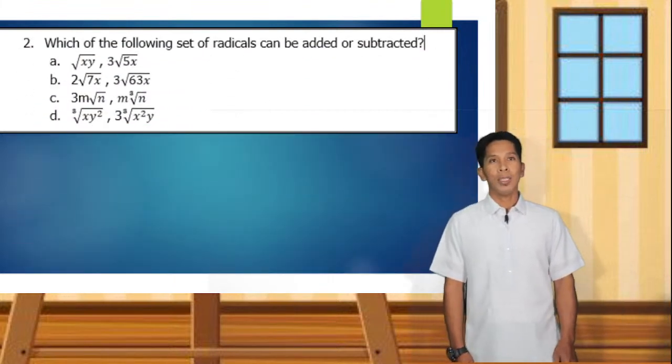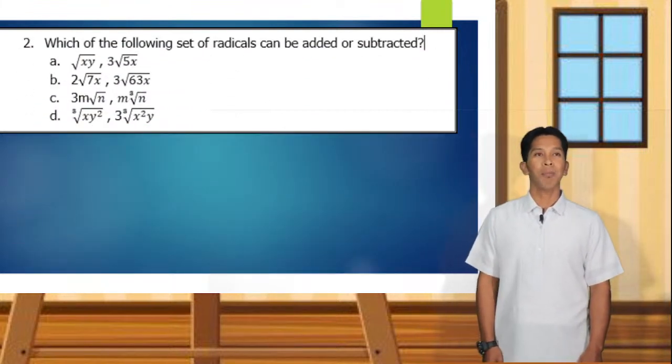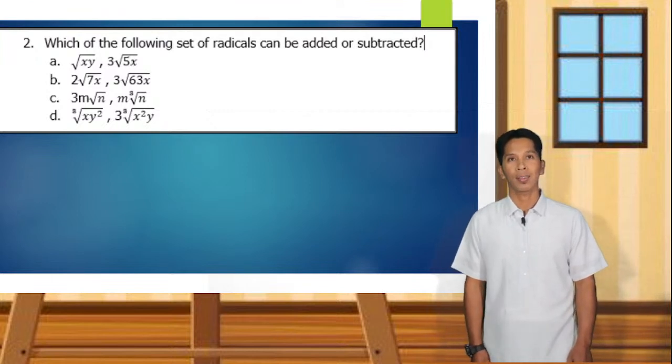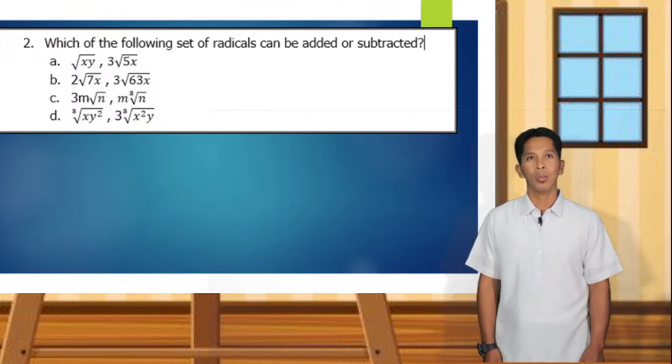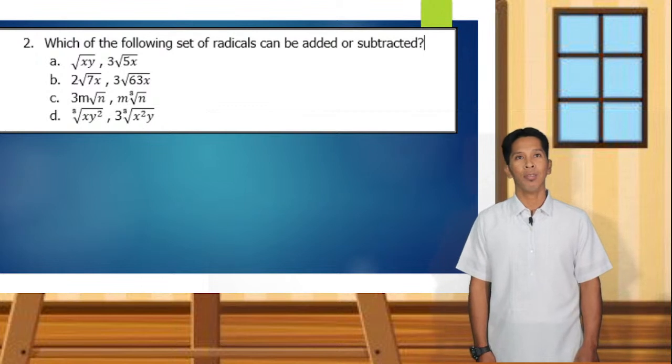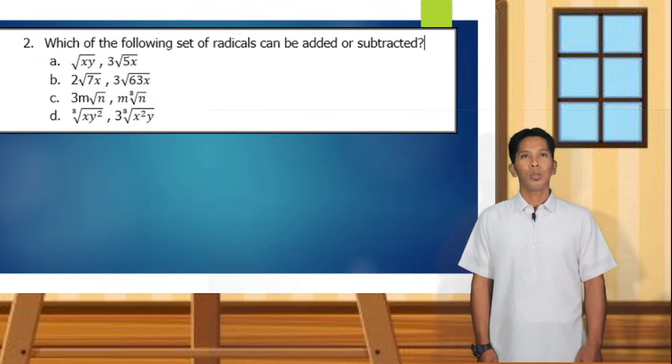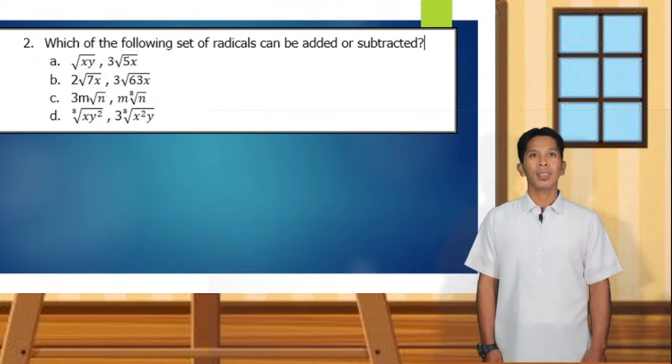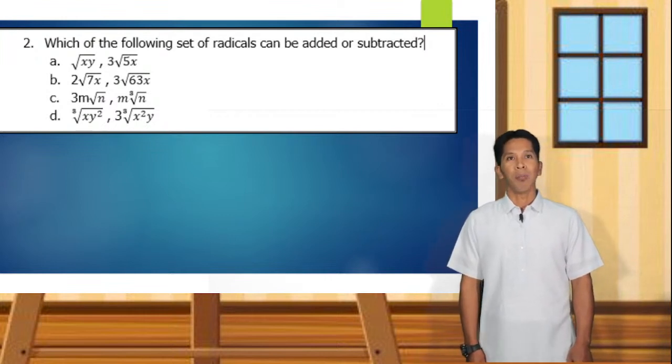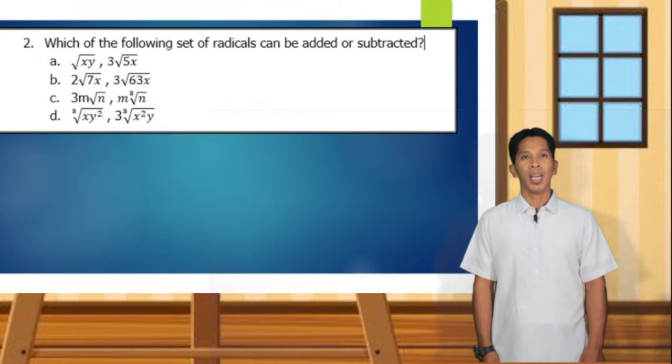Which of the following set of radicals can be added or subtracted? A, square root of xy and 3 square root of 5x. B, 2 square root of 7x and 3 square root of 63x. C, 3m square root of n and m cube root of n.